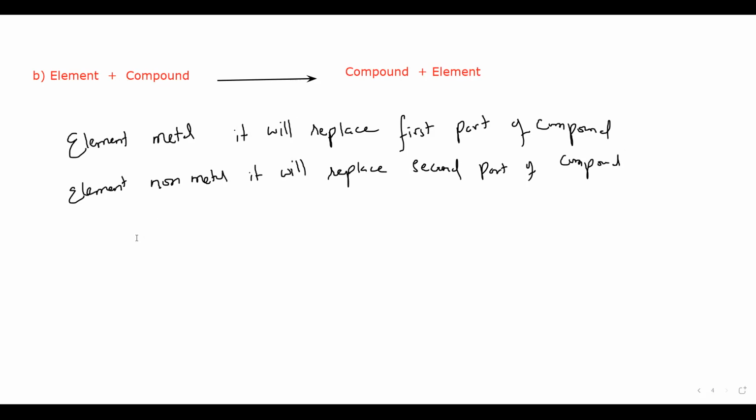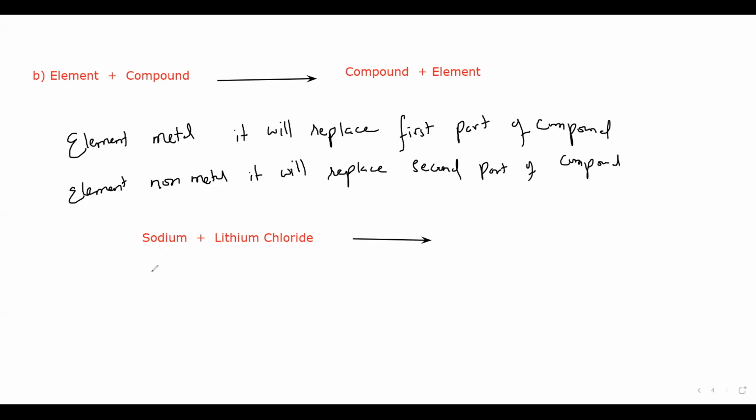Example, we have sodium reacting with lithium chloride. So the first example, sodium is reacting with lithium chloride.